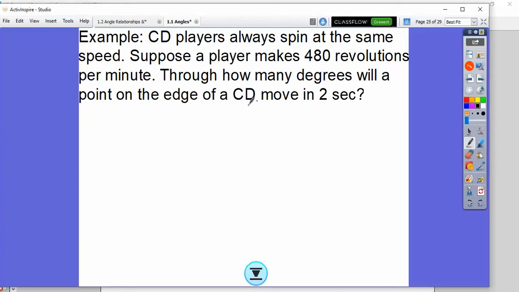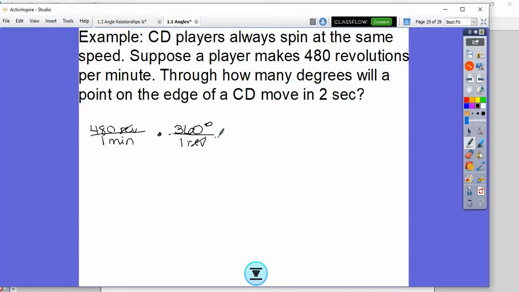So we know it makes 480 revolutions per minute. I need to know how many degrees it will move in 2 seconds. So change your revolutions into degrees. We want the revolutions to cancel, so it has to go on the bottom. 360 degrees is equal to 1 revolution.